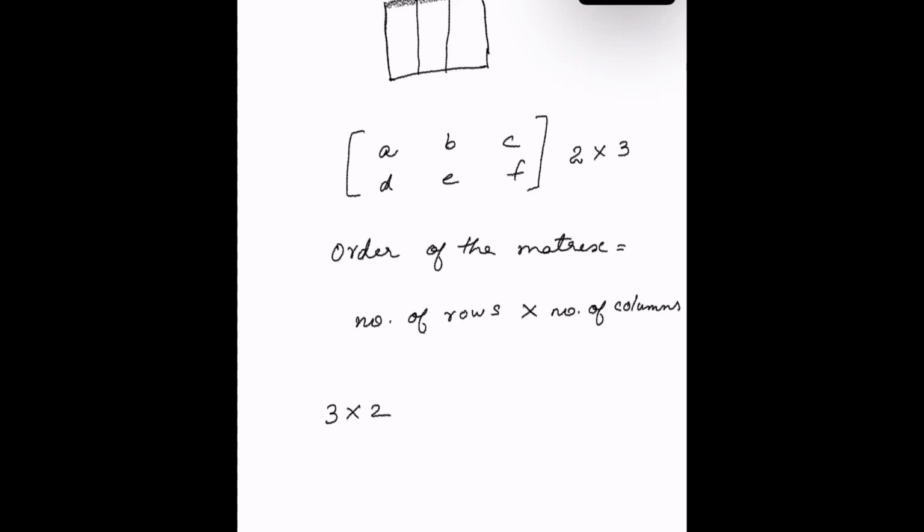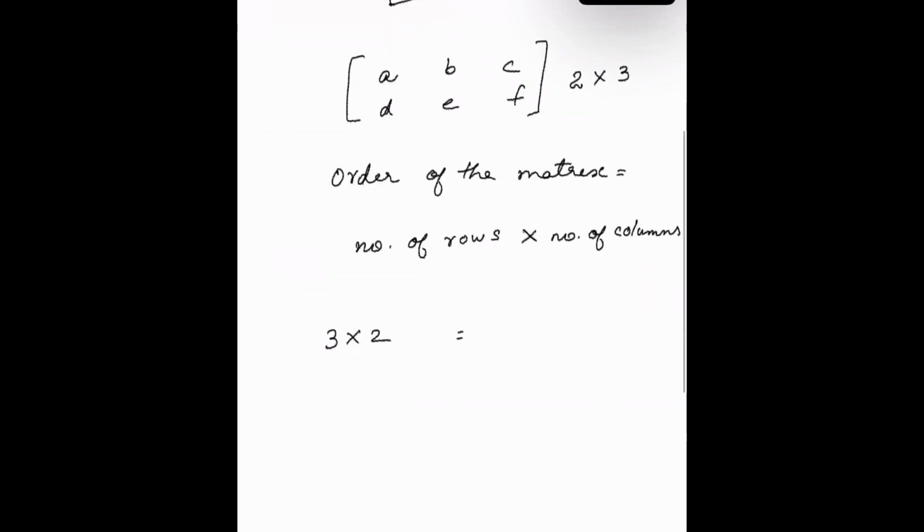If I write 3 by 2, how many rows will be there in that matrix? And how many columns in a 3 by 2 matrix? 2 columns, yes. And 3 rows, yes, that's correct.